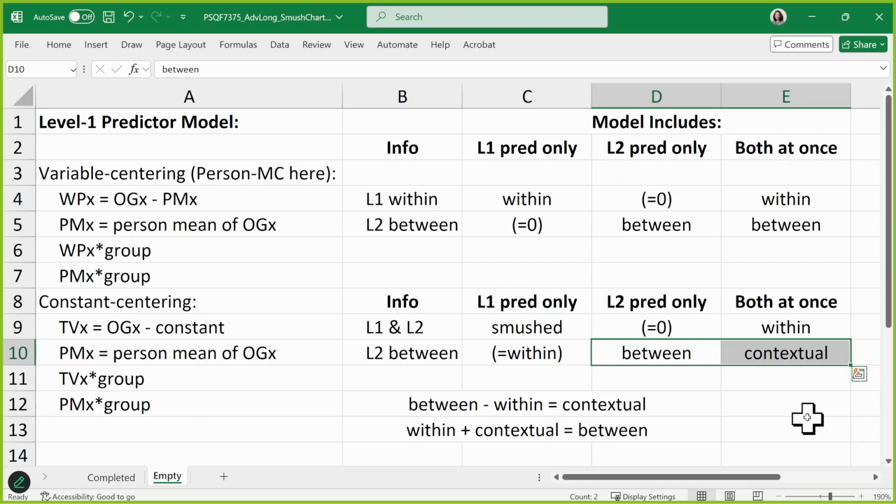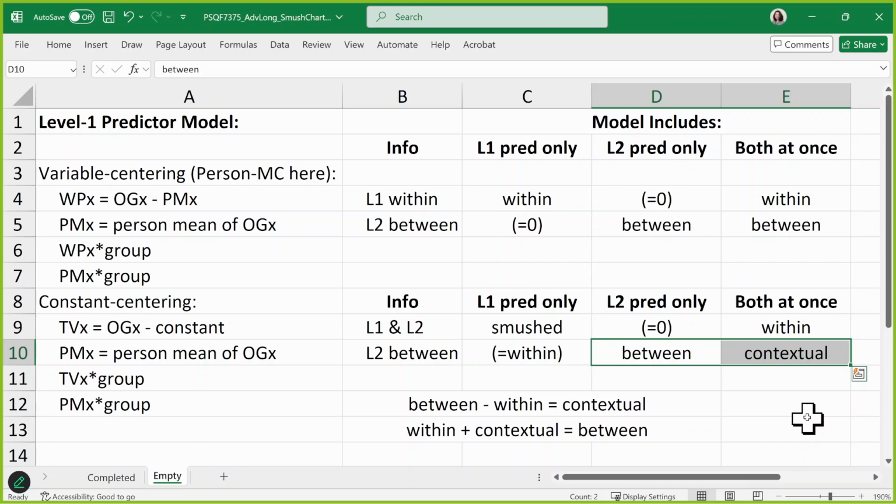What do we think? It would be like it's the between effect after controlling for the within effect. Yeah, so I like that. The easiest way that I can say it from that perspective is that contextual is controlling for what's happening at level 1, between is not.